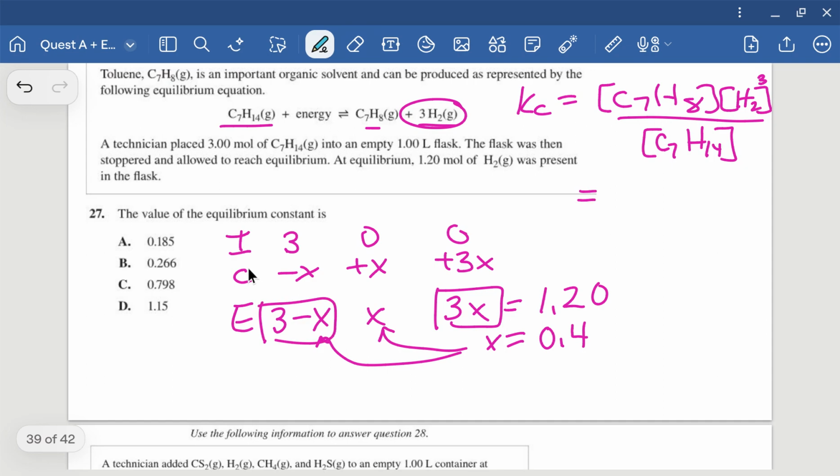You're going to have, what's our first one there? 0.4 times hydrogen's 1.20, but that's to the power 3, divided by our last one, which is going to be 3 minus 0.4. So we do all of that, and you'll see that your answer is, do I have that one written down?